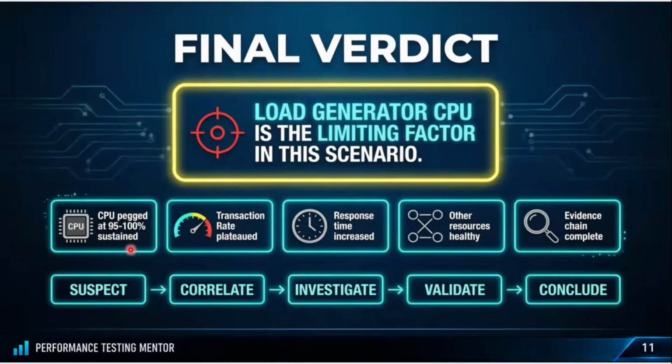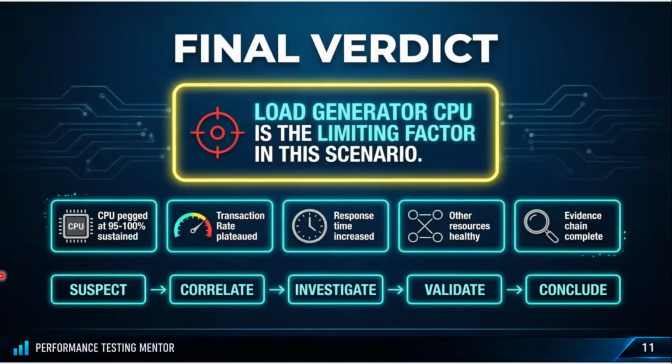We went one level deeper and identified the workload generation related process consuming the CPU. Then we correlated the operating system evidence with LoadRunner. At 1500 virtual users, CPU increased sharply, transaction rate plateaued, response time increased. And finally, we validated the hypothesis by changing the available load generator capacity under comparable workload conditions.